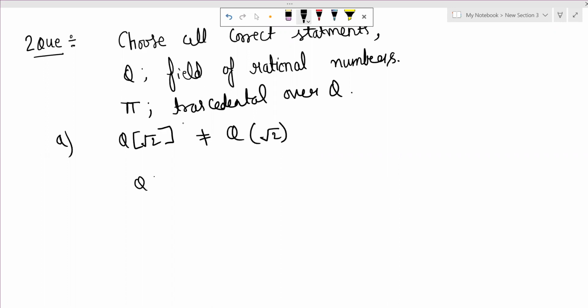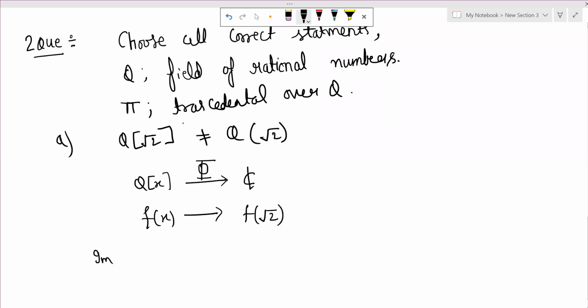Qx to C, there is a morphism sending every f in Qx to f evaluated at root 2.